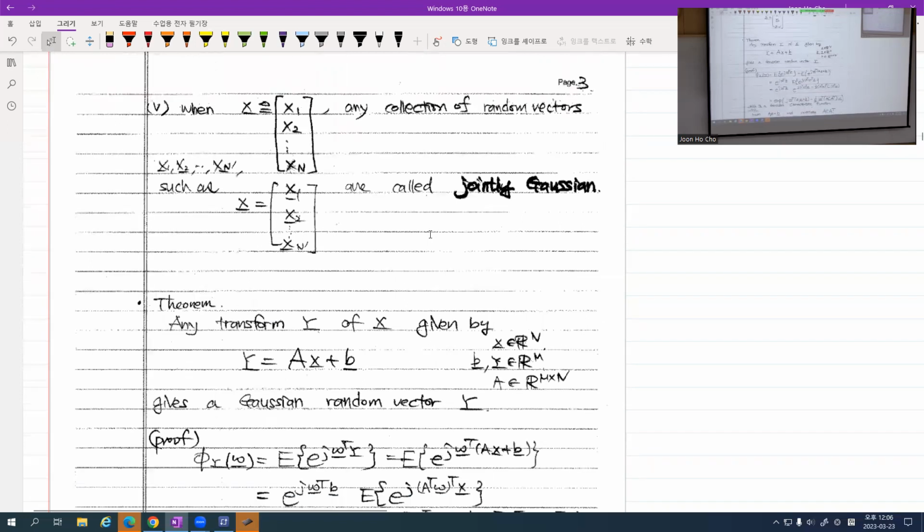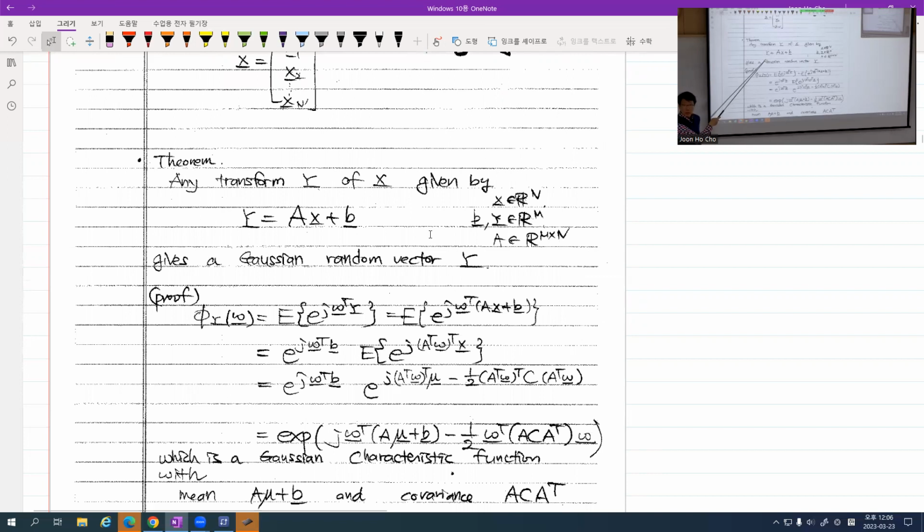By the way, this theorem is very important, and I already mentioned it. Suppose X is a real Gaussian random vector, and you have an affine transformation of it; it's Gaussian. How do you prove it? You use the characteristic function of Y, and you combine it with the characteristic function of X, and you can easily show that the characteristic function of Y is e to the j omega times some vector, minus 1/2 omega squared times some matrix.